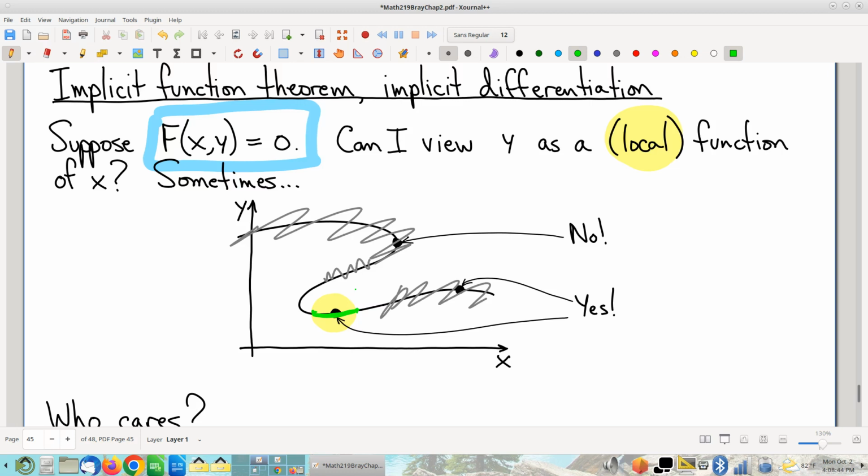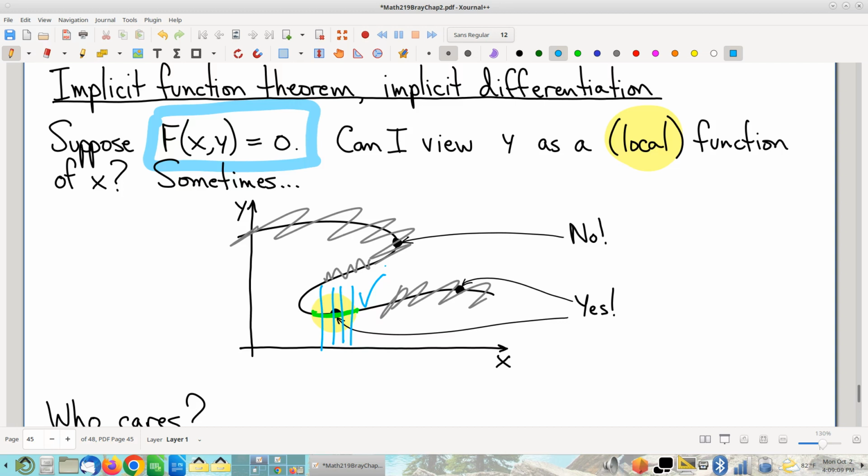And what you'll notice is that yes, it is. This passes the vertical line test just fine. So this is what we mean by locally being viewed as a function: you allow yourself to be myopic, you look only nearby and ignore all the rest of the stuff.